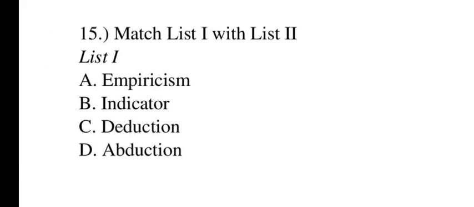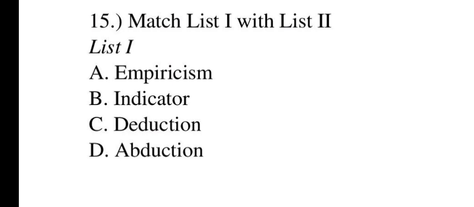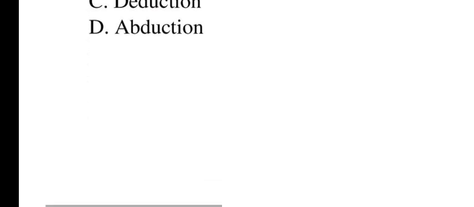Next is match list 1 with list 2. In list 1 we have A, empiricism, B, indicator, C, deduction, D, adduction.